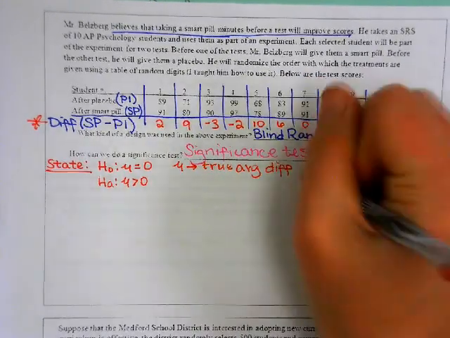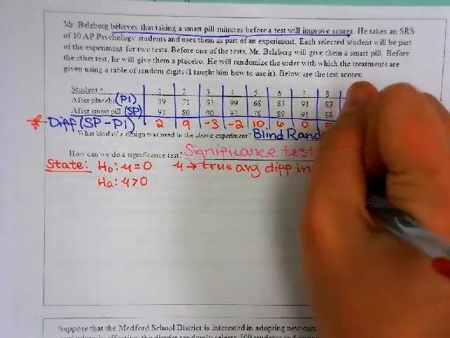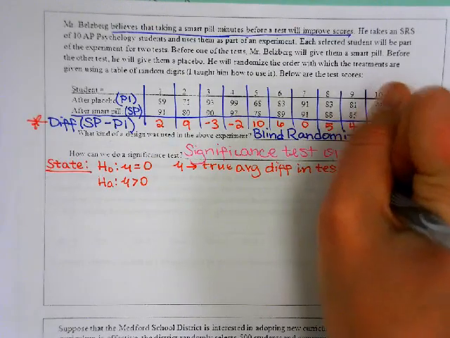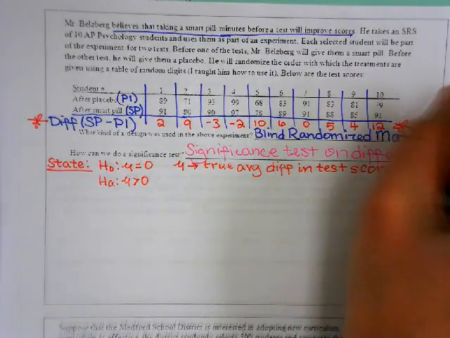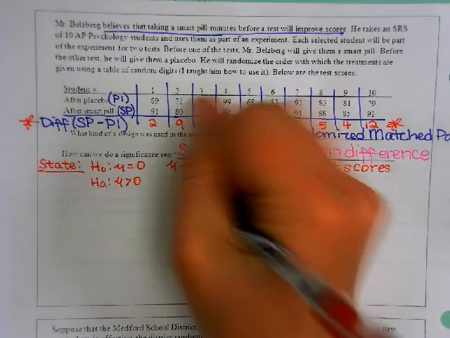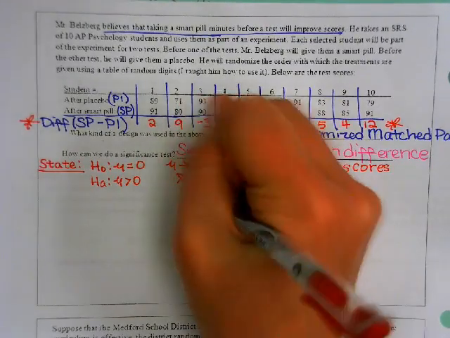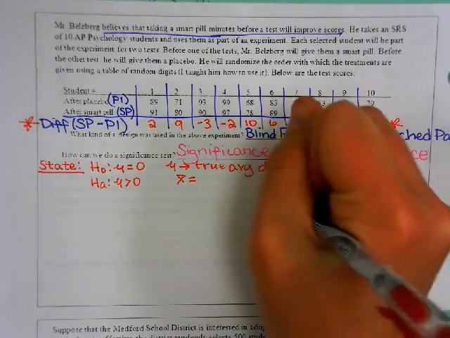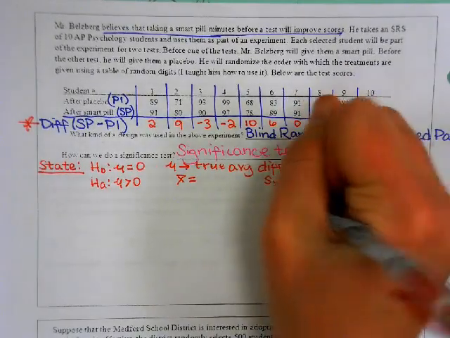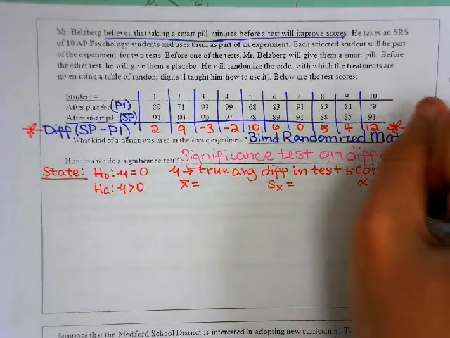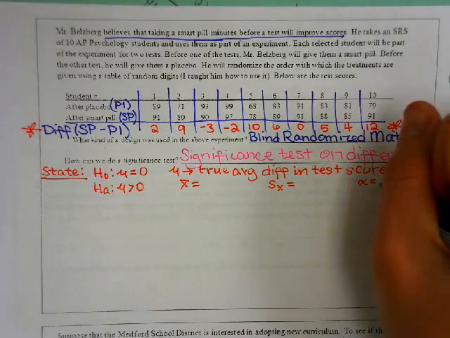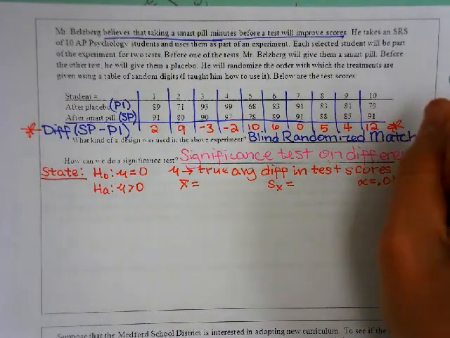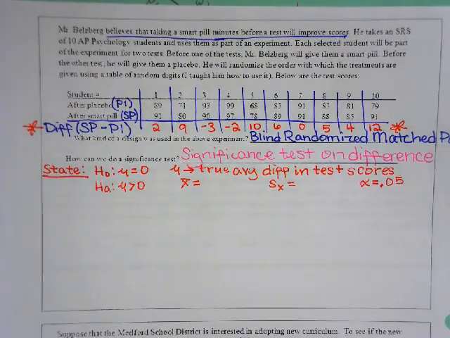And then what else do we need to put in our state? Standard deviation and our mean: x bar, s sub x, and alpha. So what is alpha? That one we don't need the calculator for. 0.05. And then x bar and s sub x we'll use the calculator to find. So we have our list.